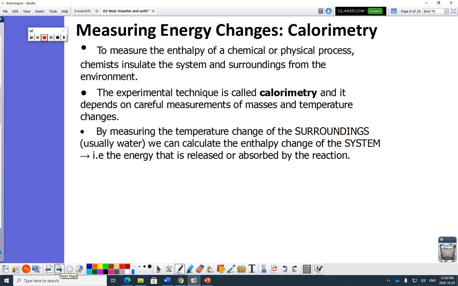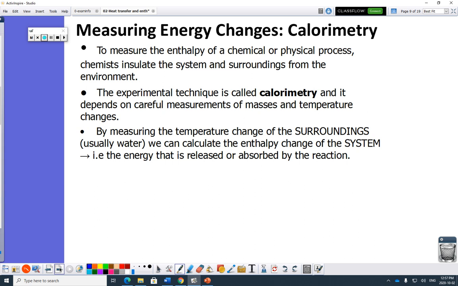Okay, so what happens if we want to get a little bit more complicated? We can use something called a calorimeter that will insulate or separate the system and the surroundings from the environment. So when we do the lab on the Tuesday you come back, we're going to use coffee cups, and you're going to use water, and then you're going to put your system in and close the coffee cup really quickly.